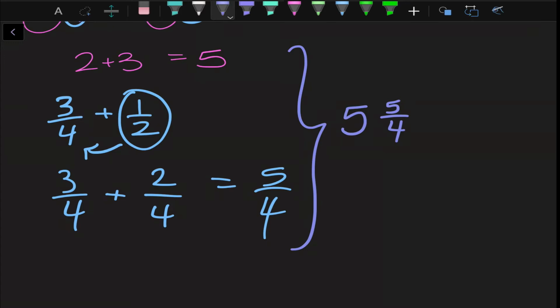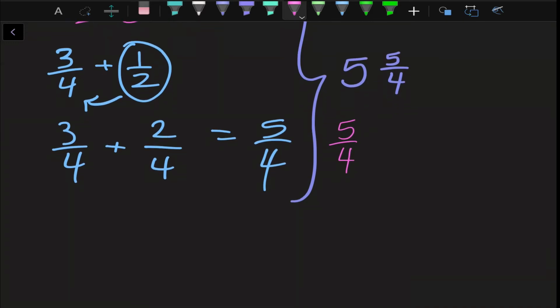Now that's pretty well our answer, but we can see there's something wrong because this is an improper fraction. It shouldn't be an improper fraction because we're using mixed numbers. So what I can do is break off this 5/4 and change it into a mixed number. We know to do that, 5 divided by 4 is 1 with a remainder of 1.